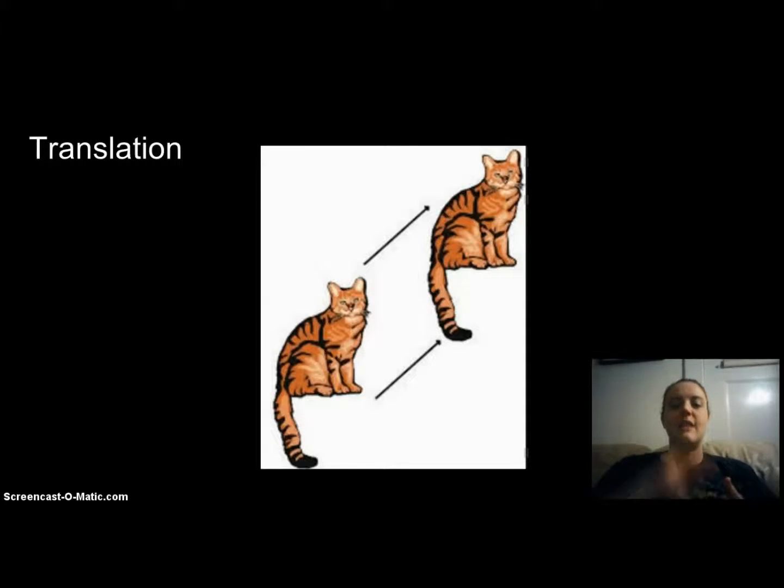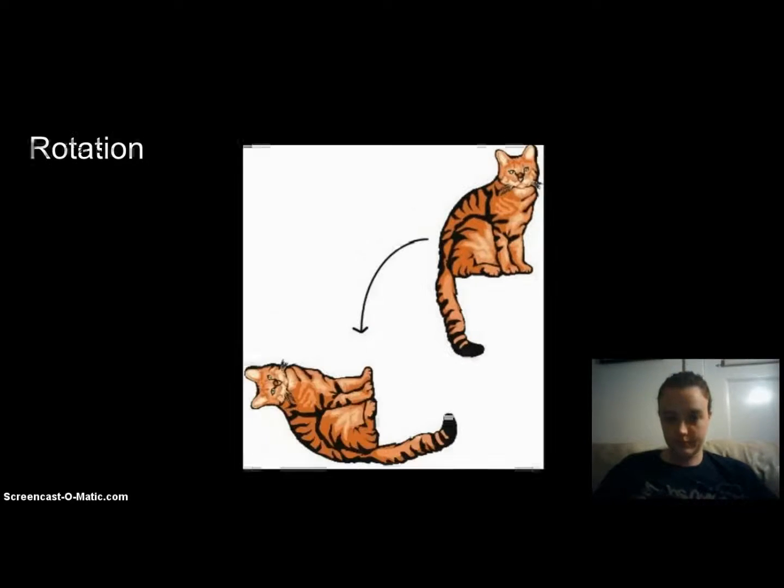So if I said, hey, will you slide that across the table to me? And if you simply just put your hands on it and slid it straight over to me, whether it was straight across or left to right or diagonal, it stayed in the same direction. It just slid right across the table. No other changes were going to happen. That is the definition and an example of a translation.